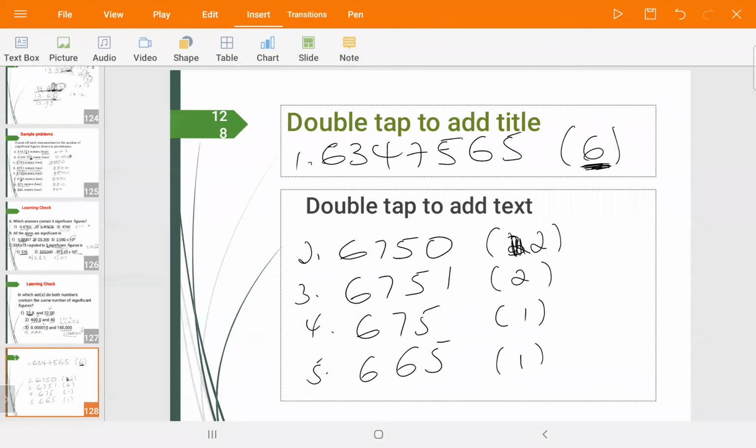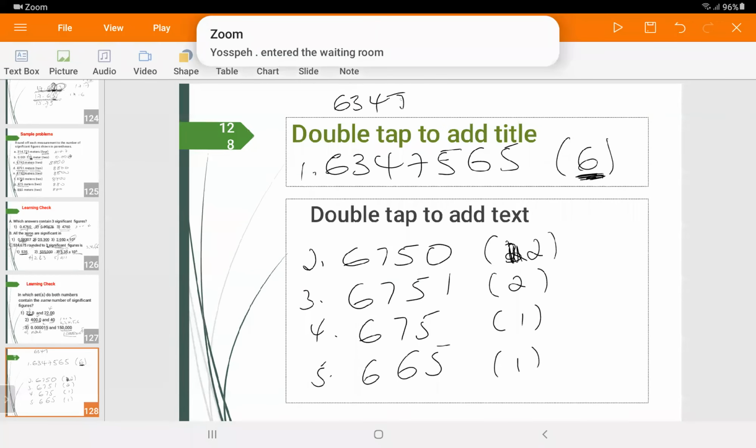Amar መጀመሪያው ነው ሚስተር? exactly. 6 3 4 7 5 6 እስቲ ንገረኝ። hold on. 6 3 4 7 5 5 6 ከዛ 6 ይሄ ወደ እ አምስቱ ወደ 0 ይቀራል ሚስተር?